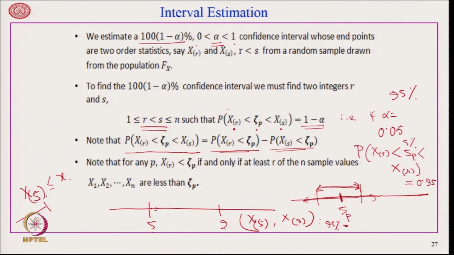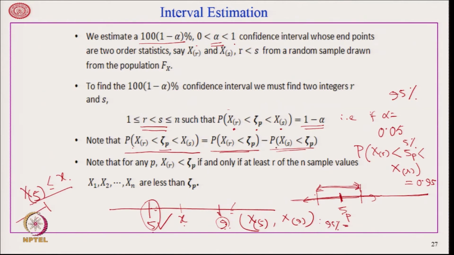Therefore, the probability that x 5, the fifth order statistic, is less than or equal to x is greater than the probability that the ninth order statistic is less than or equal to x, because whenever the latter happens, the former is automatically less than or equal to x, but the reverse is not true. There can be a situation when the fifth order statistic is less than or equal to x, but the ninth order statistic is more than x. Therefore, for the probability that zeta p is between x r and x s, what will we do?